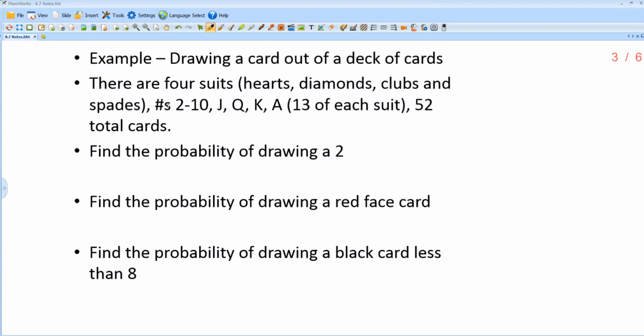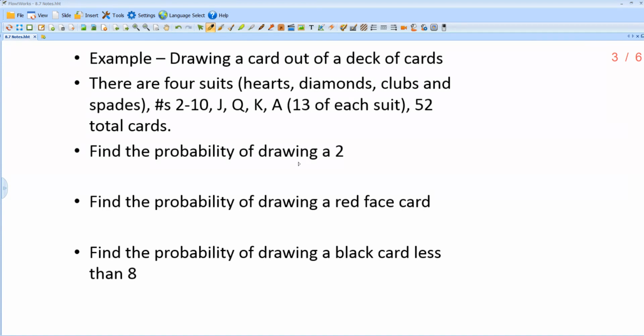The numbers that you have are 2 through 10. And then you have Jack, Queen, King, and Ace. There's 13 of each suit, so there's 13 hearts, 13 diamonds, 13 clubs, and 13 spades, because there are 13 of these. And there's 52 total cards. So just some stuff that you might sort of need to know to answer some of these questions.